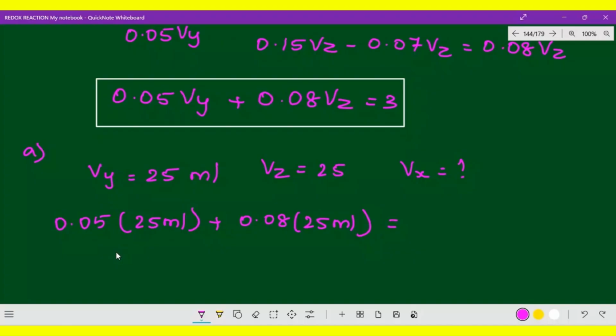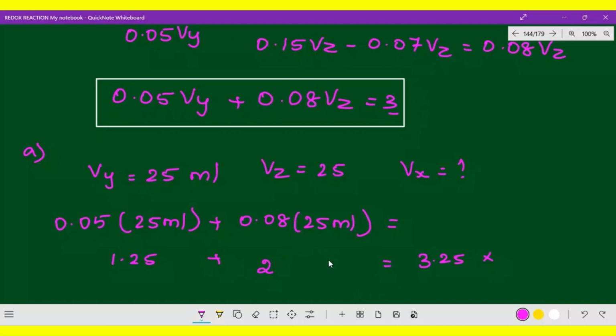You will get 1.25 plus 2, so 1.25 plus 2 is 3.25. So what is the answer you are getting? Vy and Vz combined should give 3, but here we get 3.25, which is above that point. So that means this option will not be applicable.